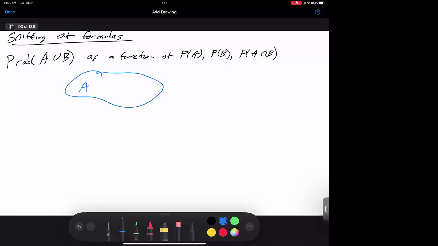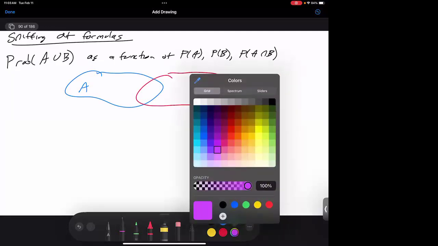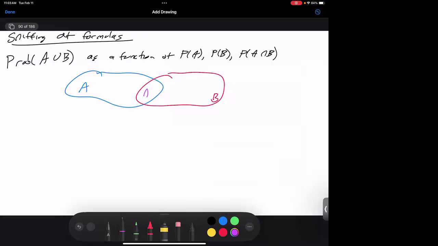Here is A, maybe here's B. This region over here is going to be A union B.